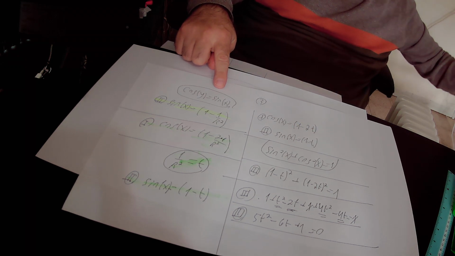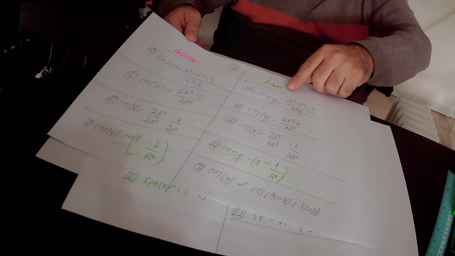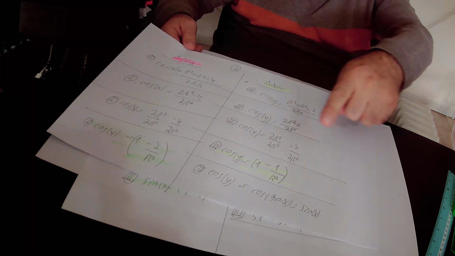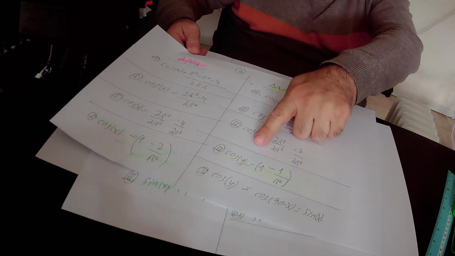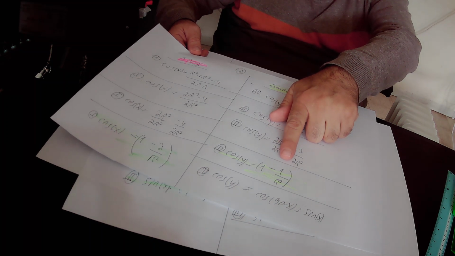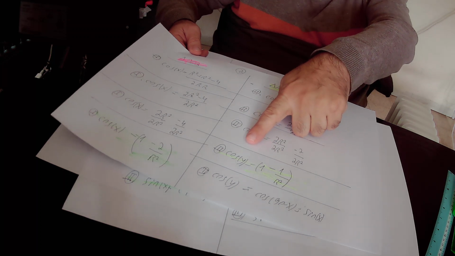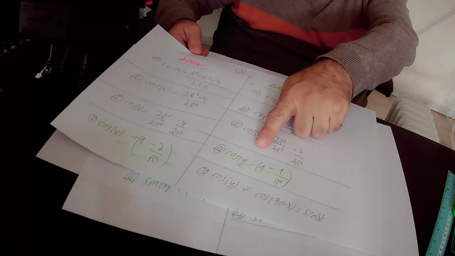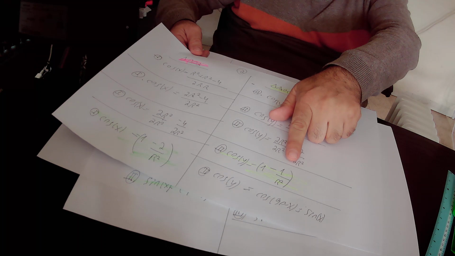So this is equation number 2: cosine y equals 1 minus 1 over r squared. Since cosine y is sine x, we get that sine x equals 1 minus 1 over r squared.